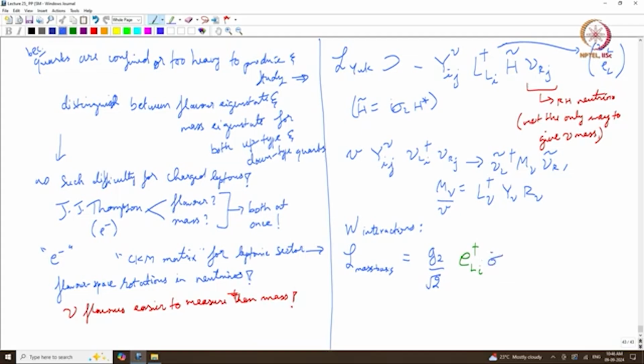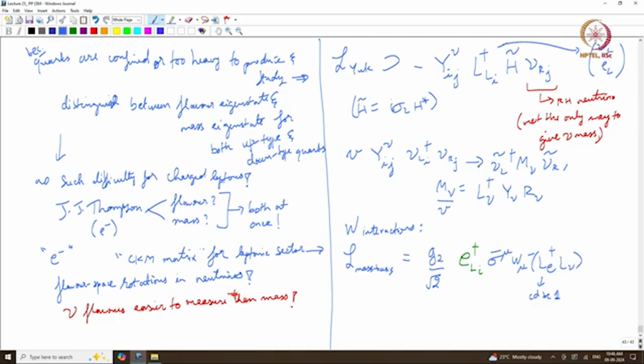So I have sigma bar mu, W mu minus, now the rotation here if I want is an L_E dagger, but I do not need L_E dagger. L_E dagger could just be unity. Let me just write this, could be just unity.